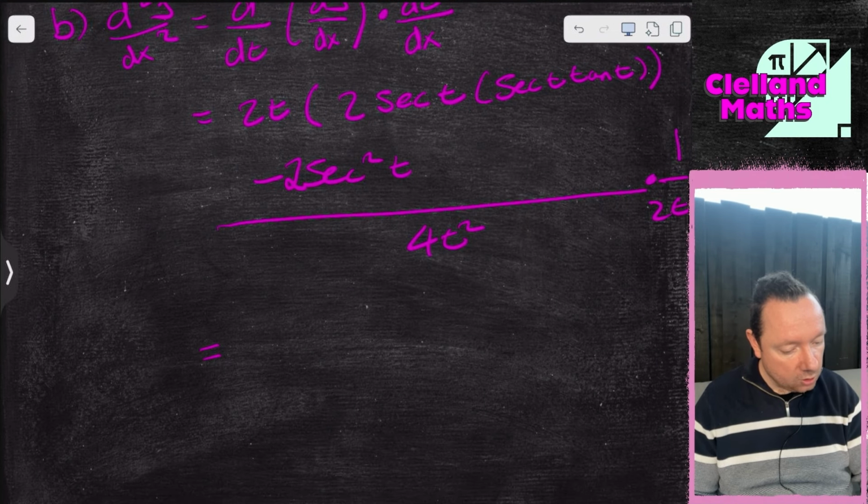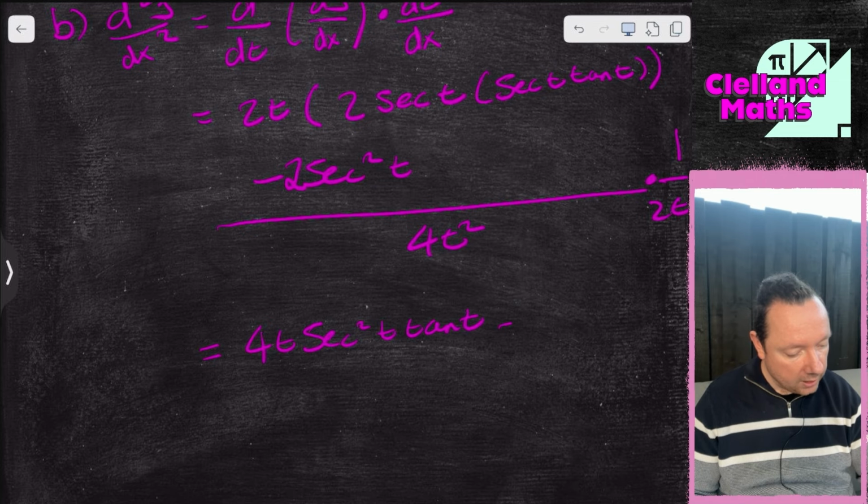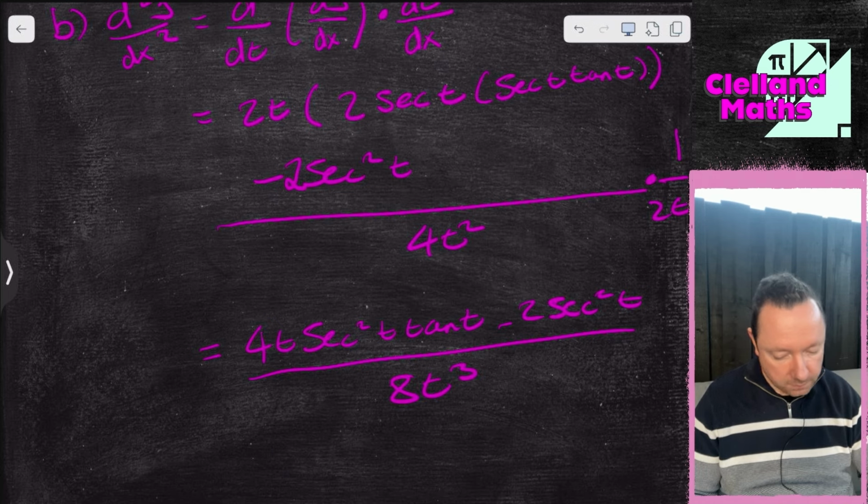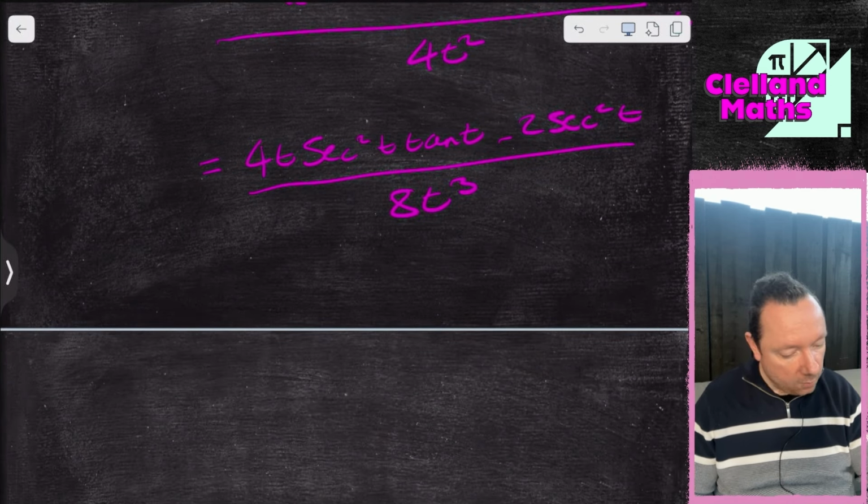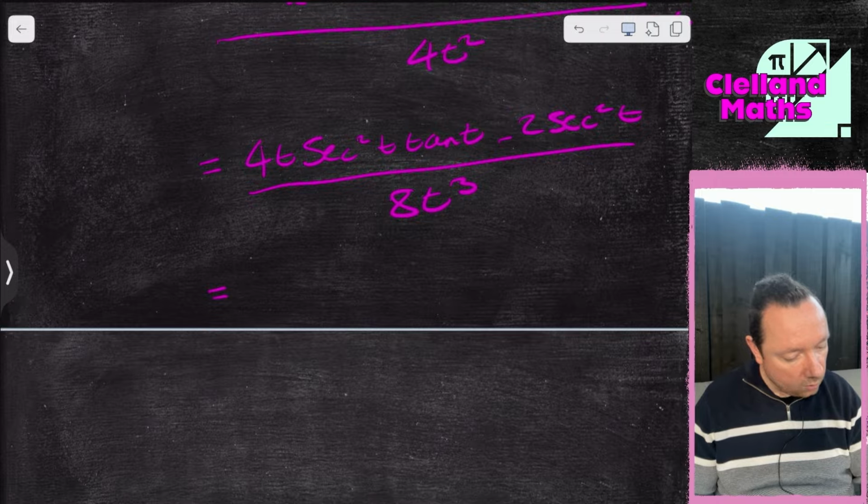Simplify as much as we can. 2 2s is 4t sec squared t tan t minus 2 sec squared t all over 8t cubed. Take out common factors on the top. So we've got 2 as a common factor. Sec squared t is a common factor.